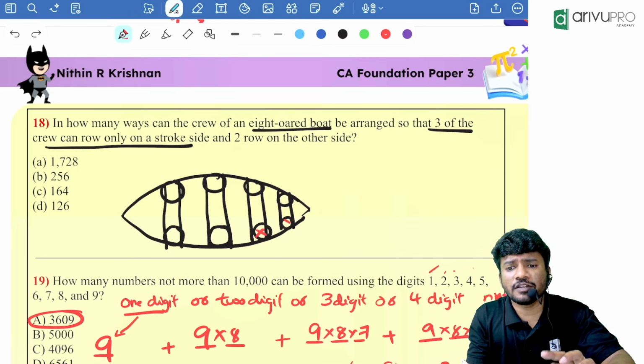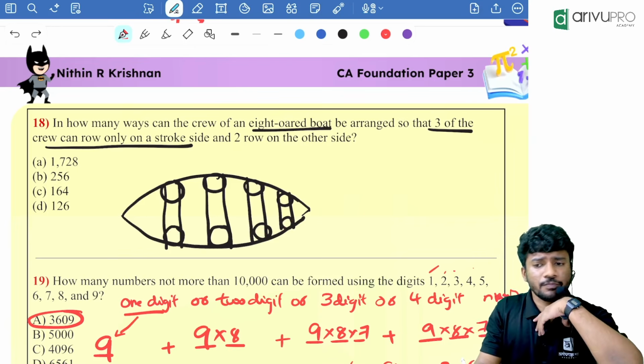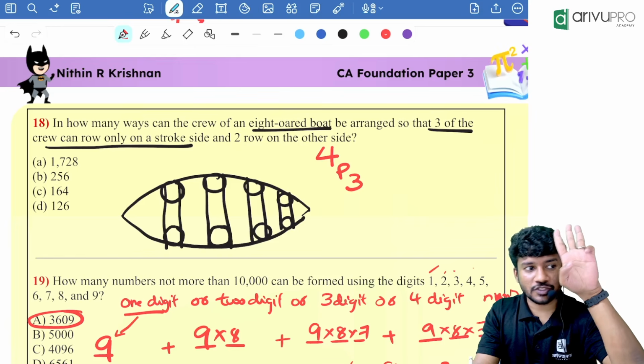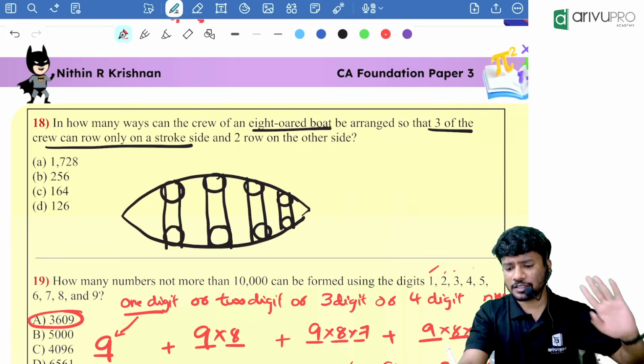Why? Because they are different people, right? How many vacant places are there in a stroke side? 4 vacant places. How many people are there? 3 people. So 3 people are sitting in 4 places. Did you get the point? No? I'll come back again.